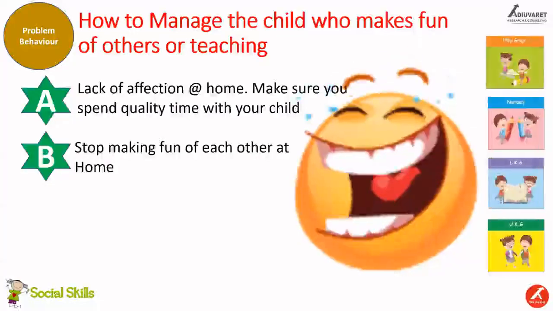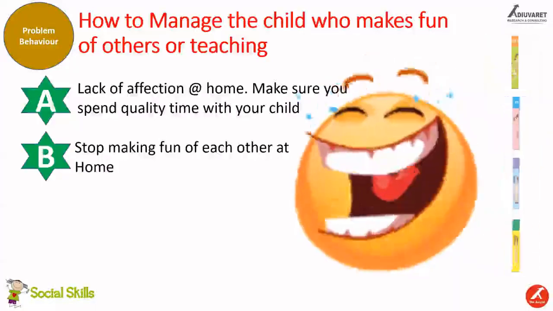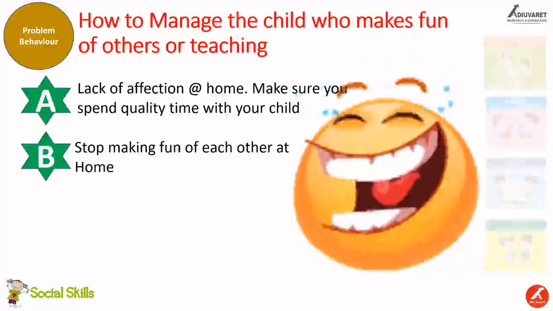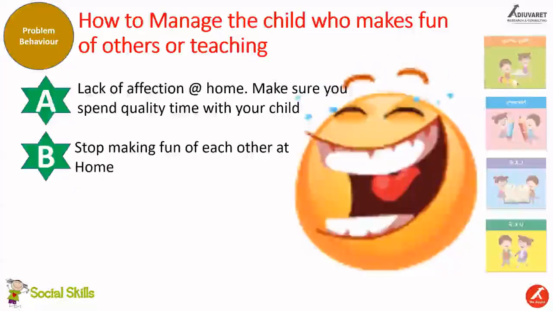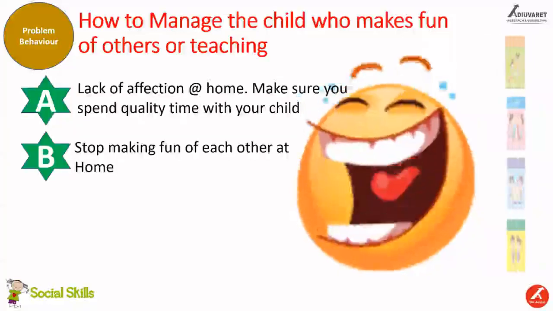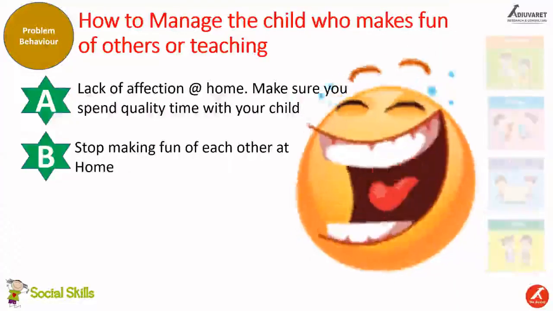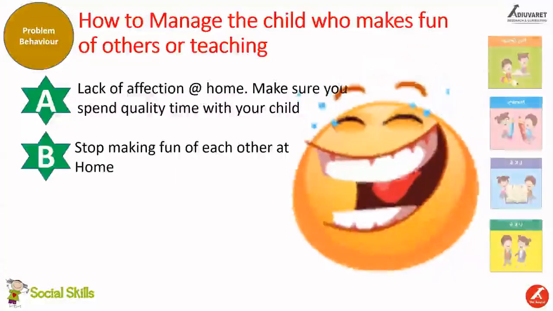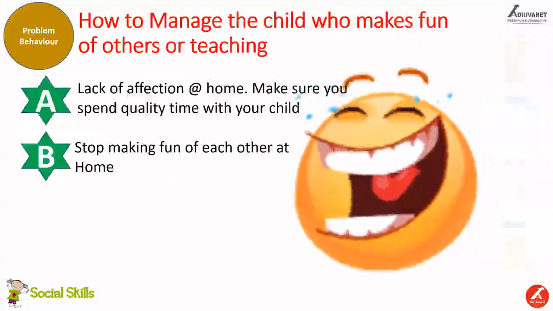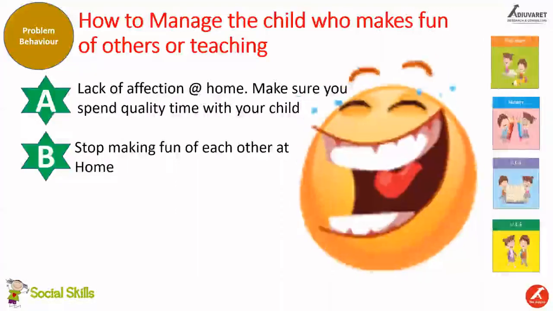Developing some kind of respect, some kind of care for others at home will change the mindset of the child, and the child will not think that it may happen outside also. If the child is not at all exposed to such behavior, then such behavior will be less likely to happen.